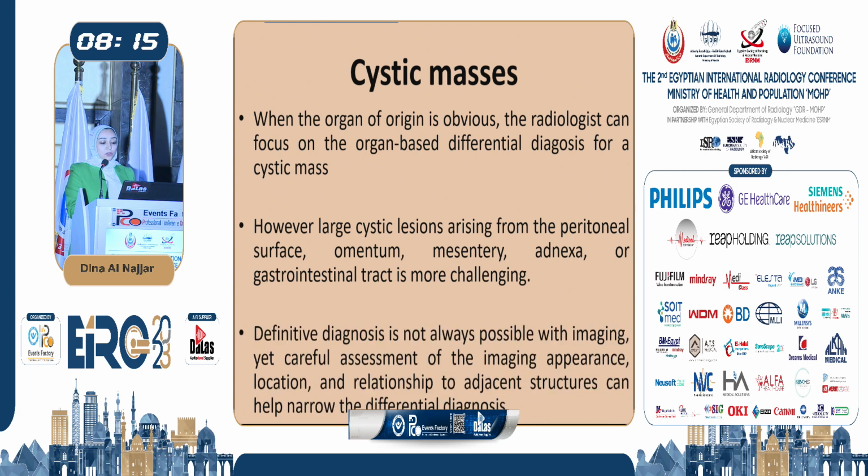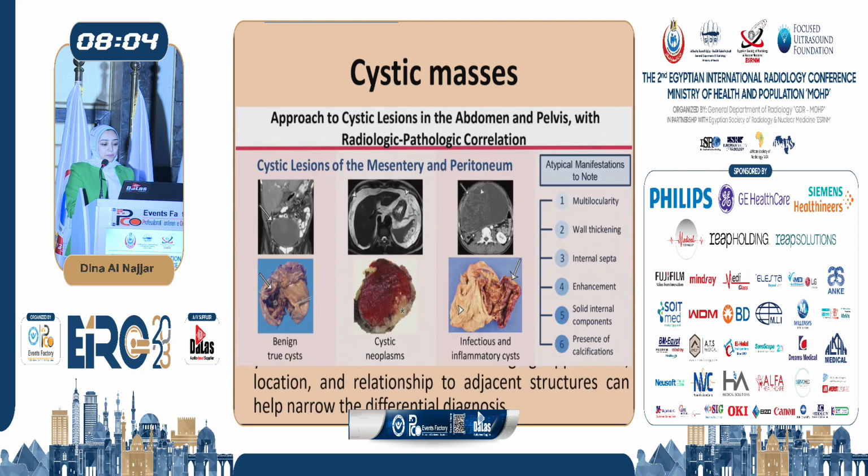Definite diagnosis is not always possible with imaging, yet careful assessment of the imaging appearance, location, and relationship to adjacent structures can help to narrow these differential diagnoses. These are some of the criteria that we have to focus on: multilocularity, wall thickness, internal septation, presence of enhancement, any solid internal components, or presence of calcifications.